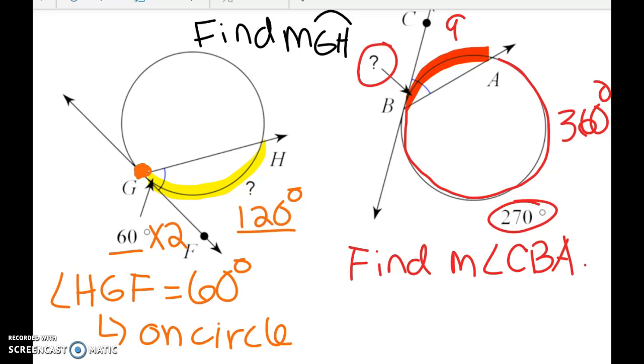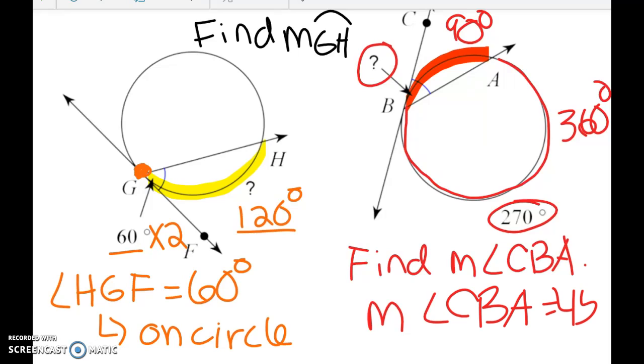That is 90. So remember that the measure of the angle is half the measure of the arc. What is half of 90? So the measure of angle CBA is 45 degrees.